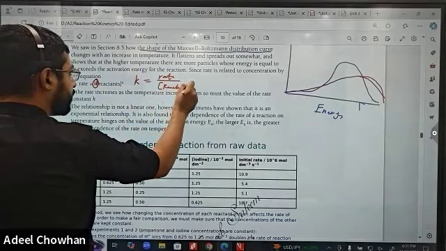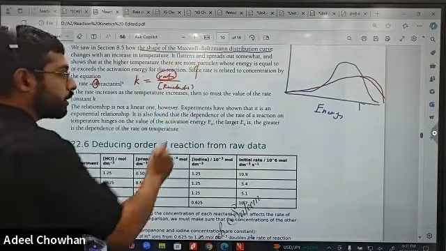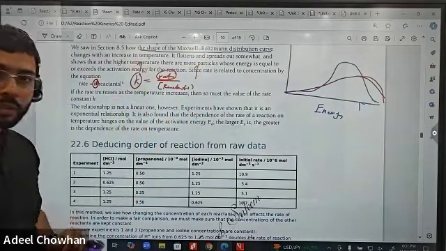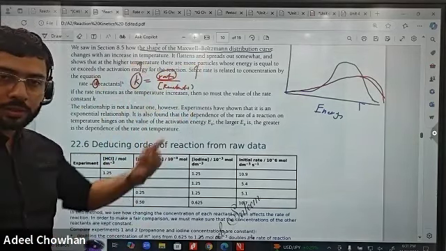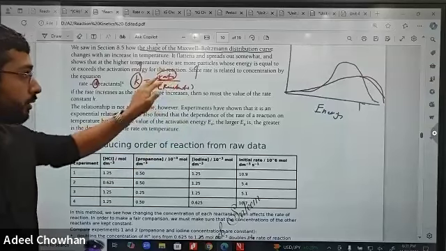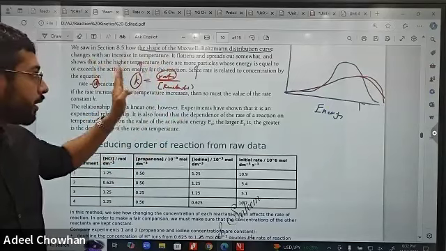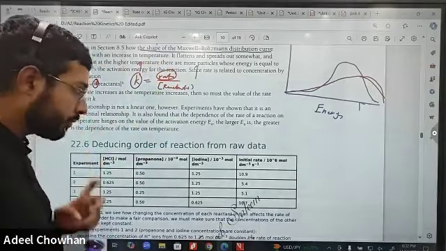So as the rate is increasing with temperature, it also means that we have an increased value of k. If the increased temperature increases the rate, this whole expression will have a larger value, and that's how the value of k will also increase. So there is a direct relation between them. Is that clear?